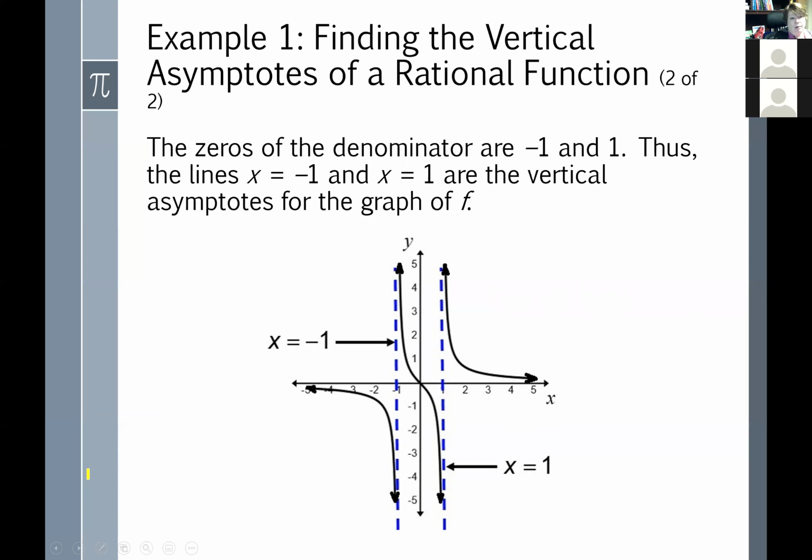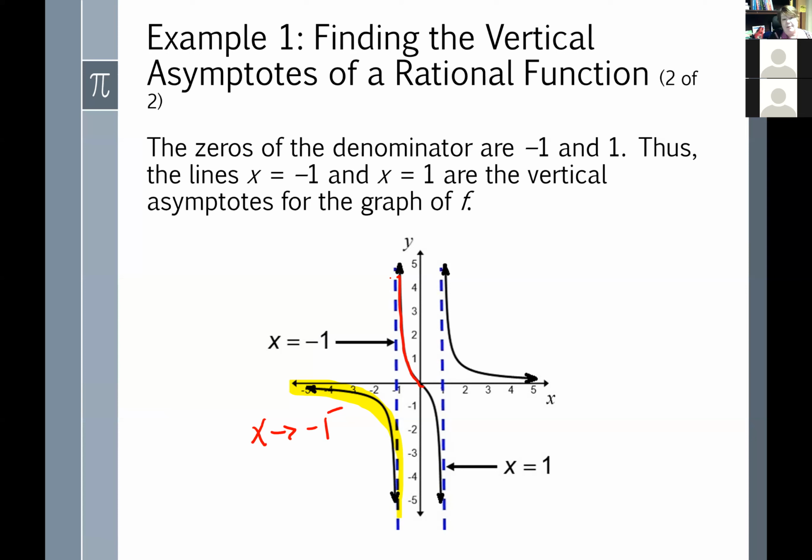As we're approaching the asymptote at x equals -1 from the negative direction, we decrease without bound. Y goes to -infinity. In between those two asymptotes, as x approaches -1 from the positive direction, it increases without bound.